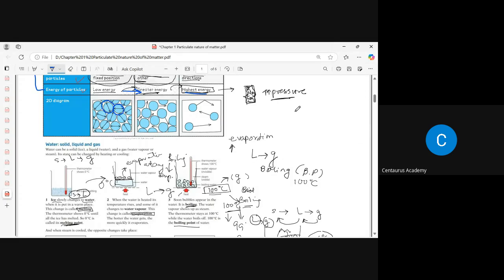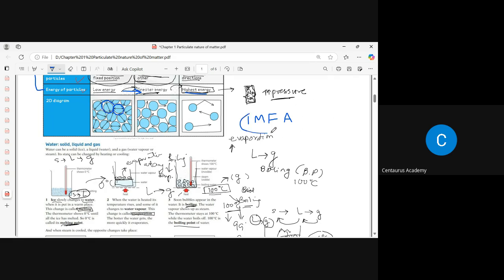There's one more terminology that you should know. That is intermolecular forces of attraction. Intermolecular forces of attraction is basically that these particles are connected with each other because of these forces of attraction.